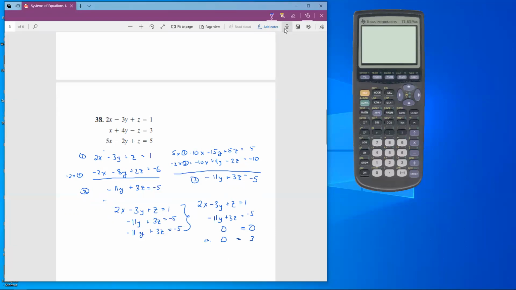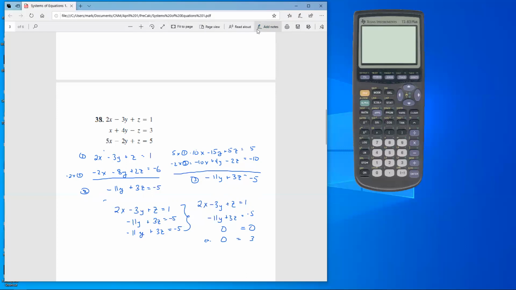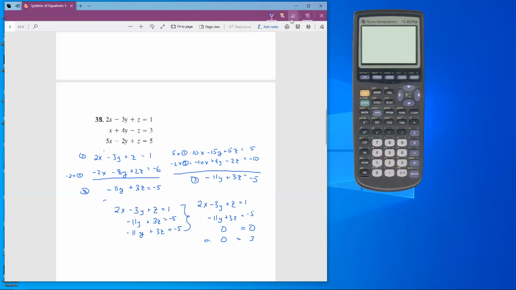Okay, what a consistent but dependent system looks like, let's just cross this out. This is not true.